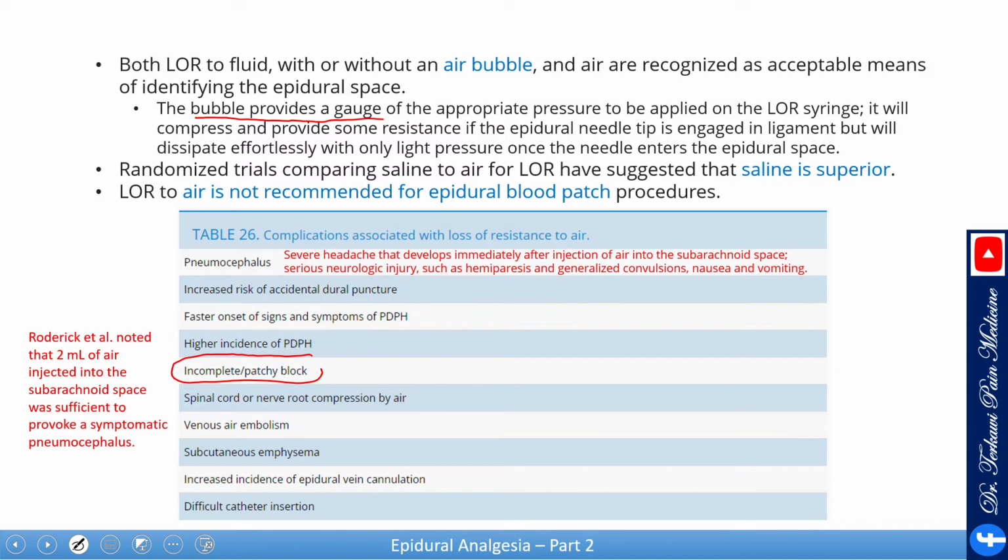Now, obviously, the downside if you are using saline is that you can get confused with CSF leak if you are in doubt that you had a wet tap. We'll talk about this in a few slides.